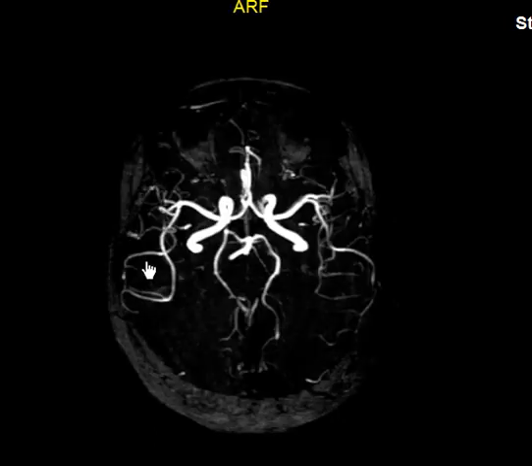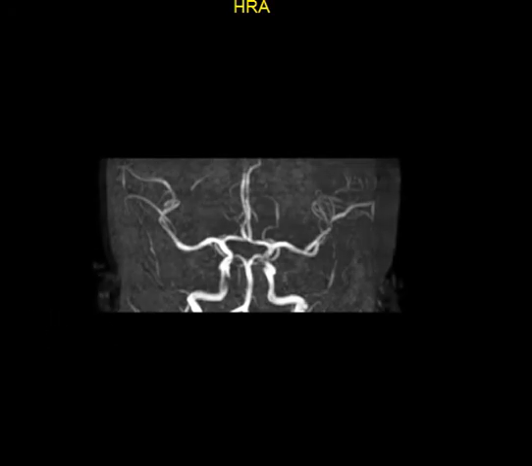The divisions of the middle cerebral artery. The middle cerebral artery is divided into M1, M2, M3, and M4 parts. So when you see a pathology, for example an aneurysm, you need to say there's an aneurysm in M1. Okay?